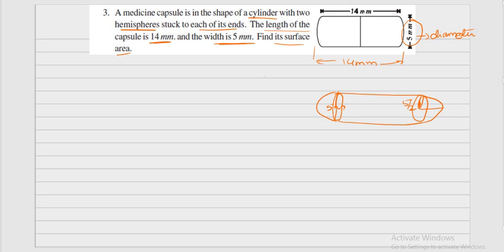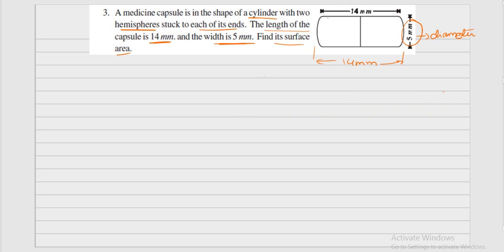If this is 5 by 2 millimeters, then this is also 5 by 2 millimeters. So 5 by 2 millimeters plus 5 by 2 millimeters gives me 5 millimeters.